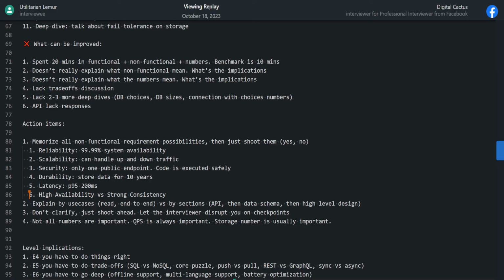This has been proven to be at least 20% more efficient in terms of timing compared to explaining section by section. Again, it's an efficiency play, not about effectiveness.